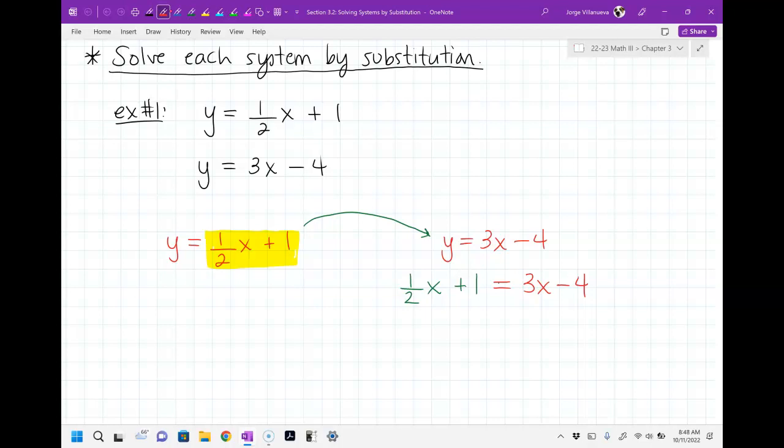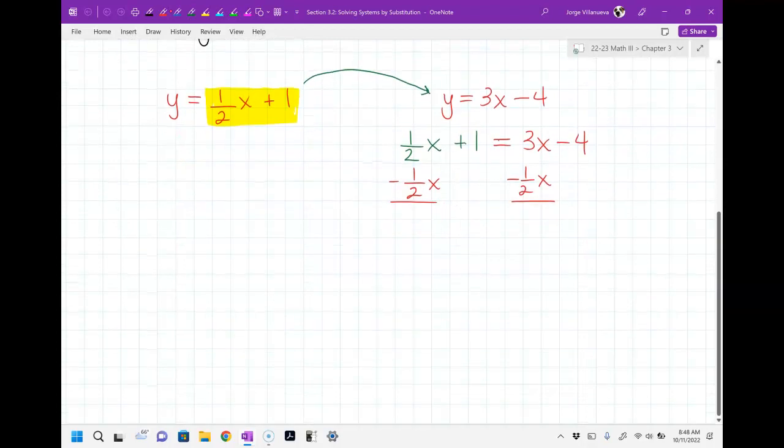So I want to get my x's together, so let me subtract half x from both sides. Now notice, this is why I'm saying you might want to use a calculator, because if you're not comfortable subtracting fractions, then you might want to have your calculator do it for you. So on the left side I have just a 1 equal to 3 minus a half.